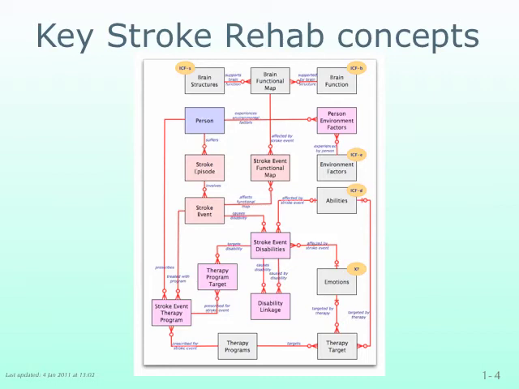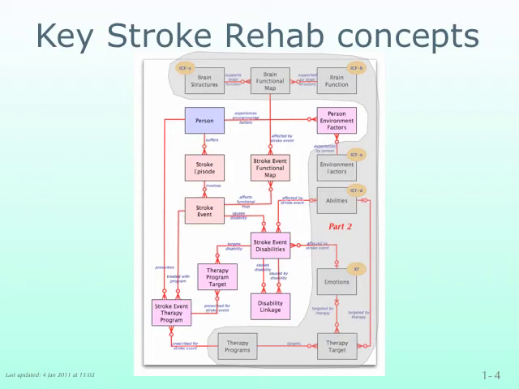I have grouped these data object classes into 3 groups. In part 2 of this presentation, we will look at the data object classes shaded in grey, which represent key medical concepts that are relevant to all people who suffer strokes.